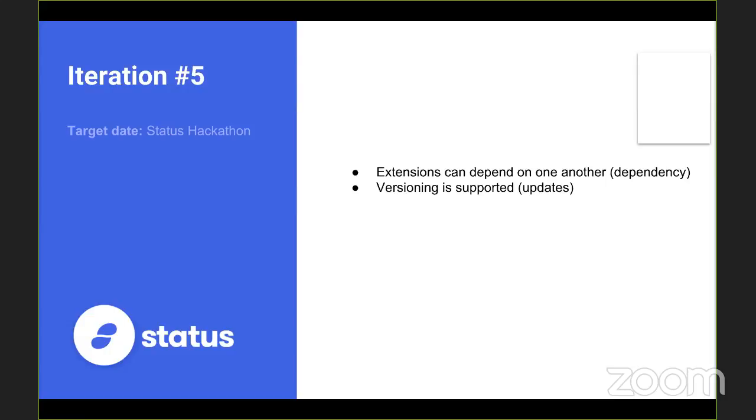So dependencies are quite important and interesting because, well, we have a number of very interesting projects in Ethereum, like maybe FOAM. I'm not sure if I'm pronouncing this correctly. So FOAM is providing some kind of decentralized coordinate system.